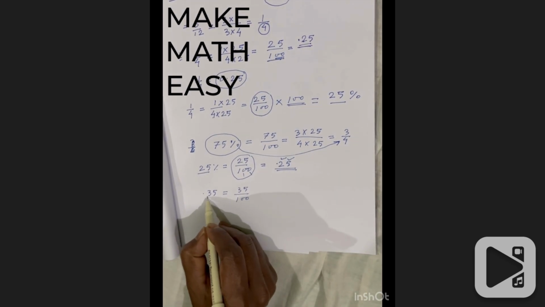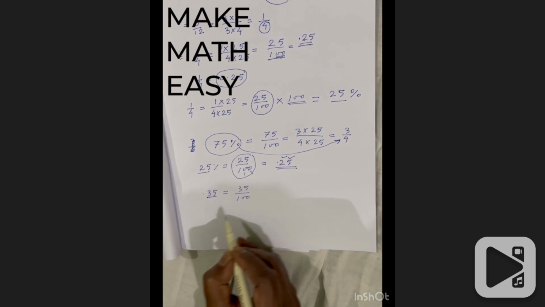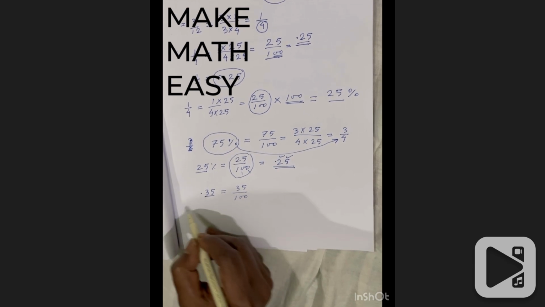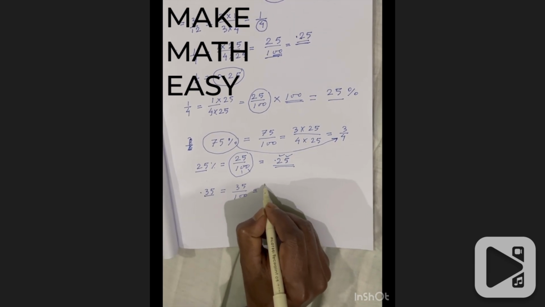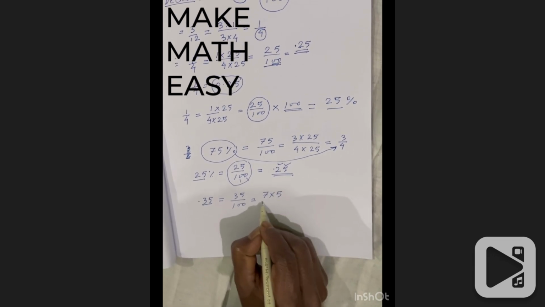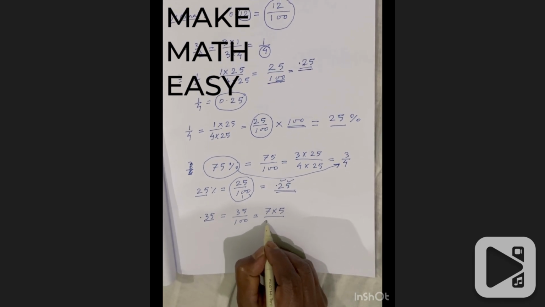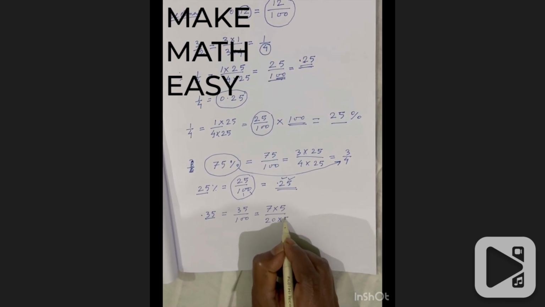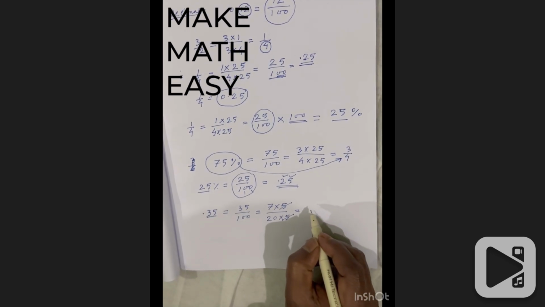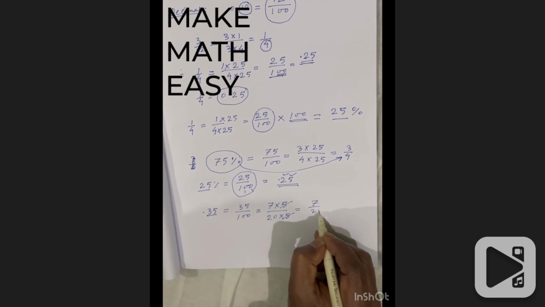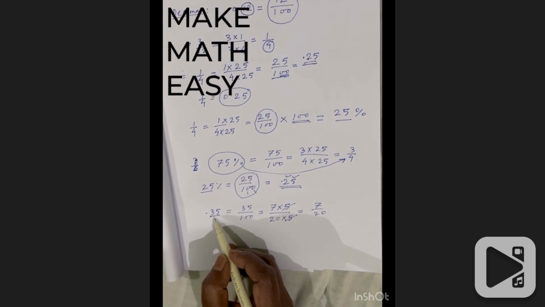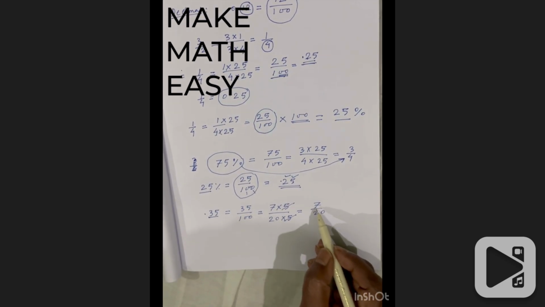So here the numerator is 35, and it is divided by 100. The point is removed. Now this is 7 into 5 and this is 20 into 5. So this 5 and this 5 strike out. What is left is 7 by 20. So if we convert the decimal 0.35 into a fraction, it will be 7 by 20.